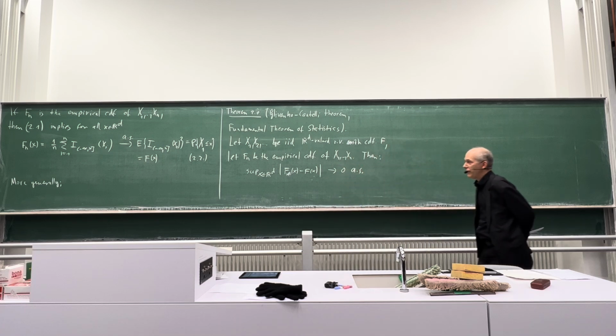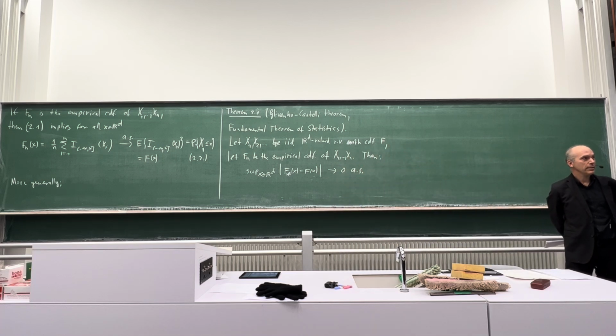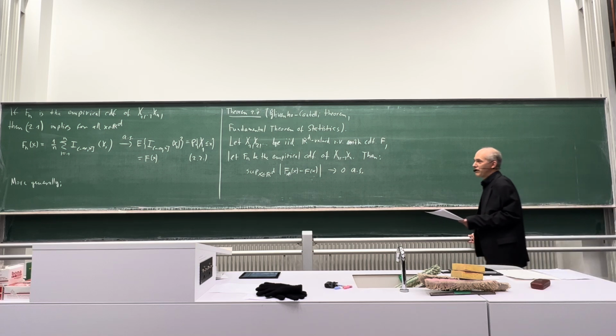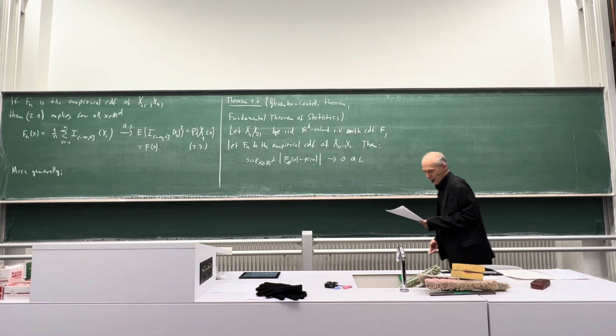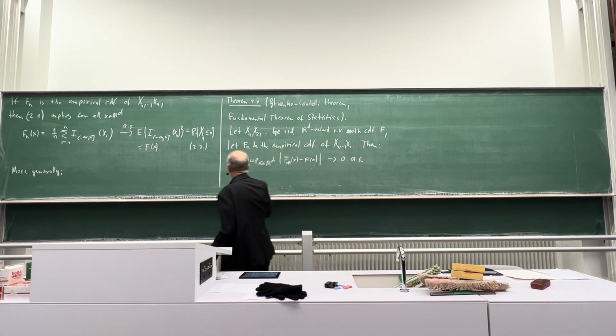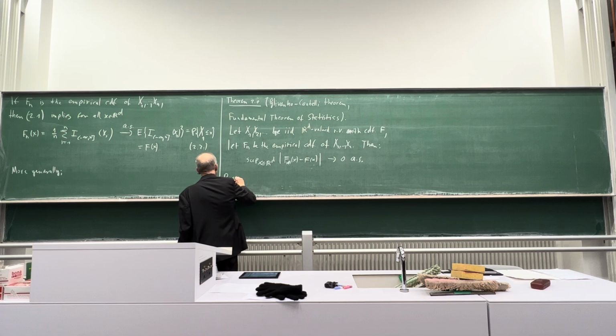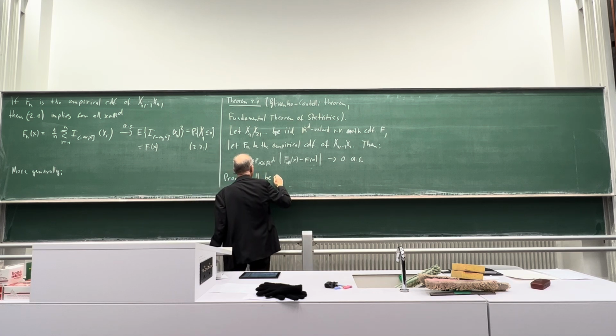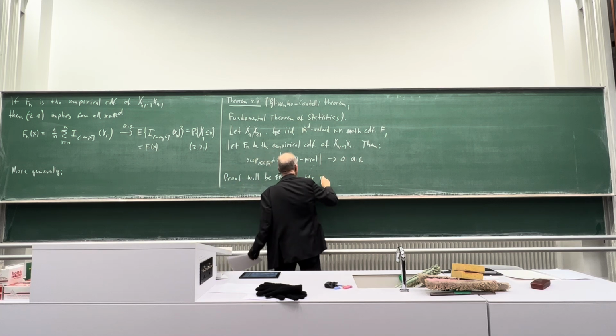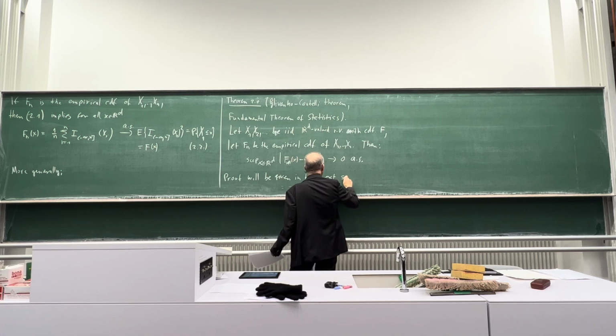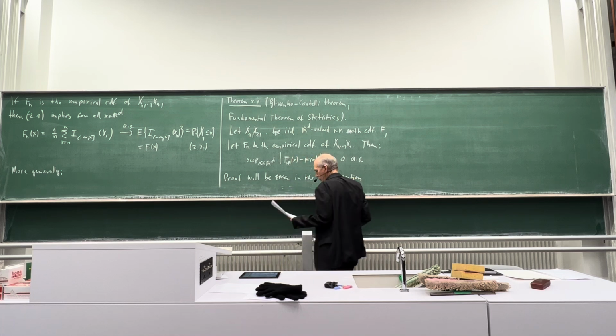Instead, we will give the proof in a more general setting in the next section. So I reformulate it in a much more general setting and use the so-called Vapnik-Chervonenkis theory to prove it there, and then the proof is more elegant. So the proof will be given in the next section in a generalized setting.